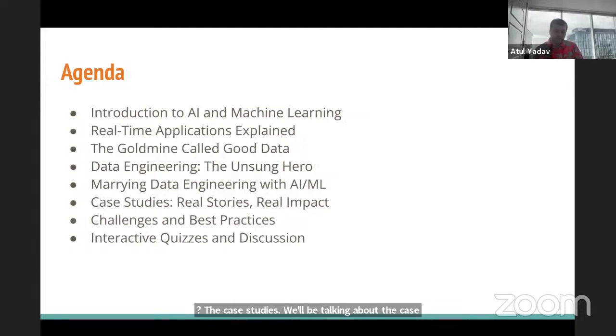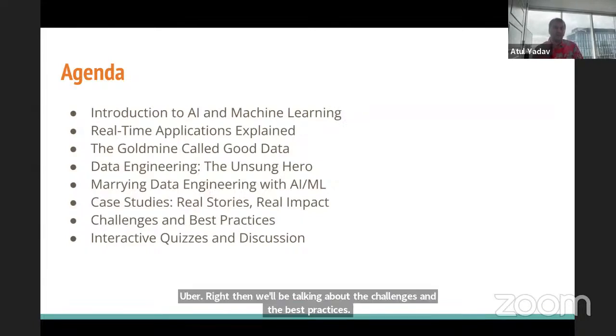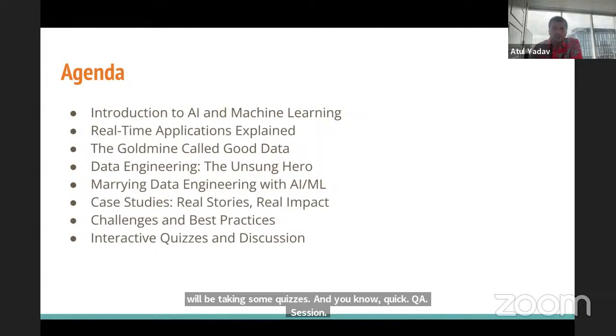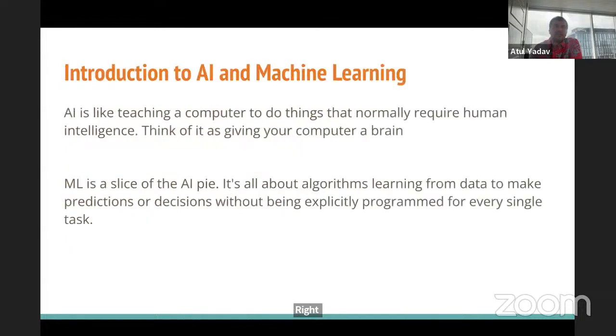Then we'll talk about challenges and best practices, and after that take some quizzes and a quick Q&A session. So without any delay, let me start with the introduction of AI and ML.